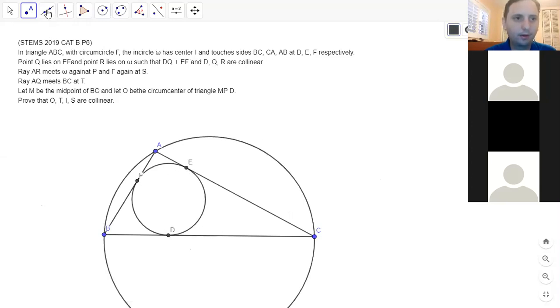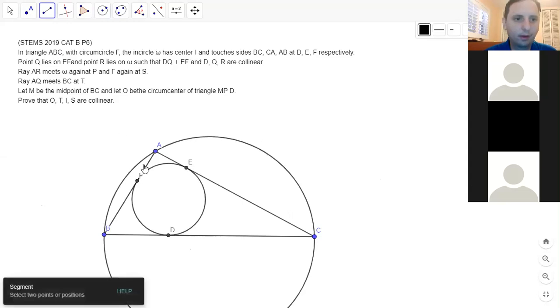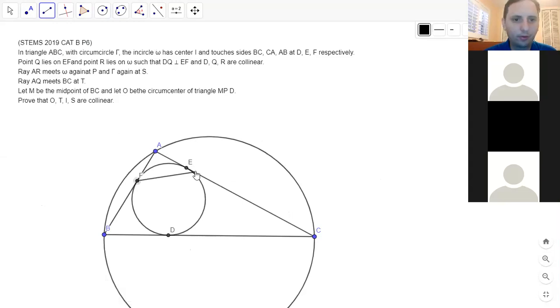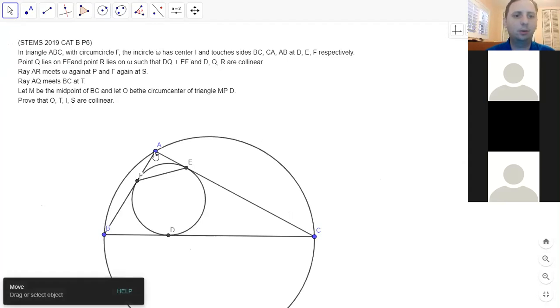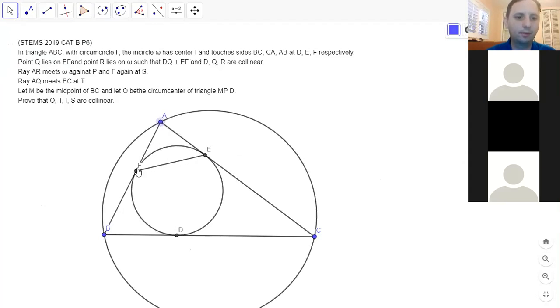Q lies on EF, and R lies on the circle. So DQ is perpendicular. Oh, this looks a lot like a Sharky-Devil type configuration. So DQ is perpendicular to EF, and it kind of looks like IMO.